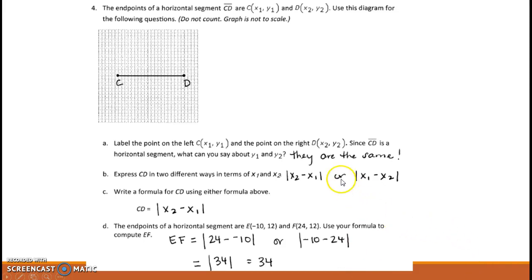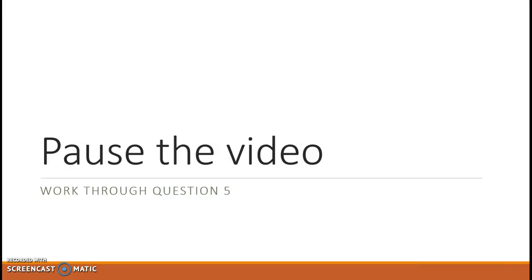And again, because we don't want that distance to be negative, we're going to use absolute value. And then in our example, we would be focusing on the x-coordinates, -10 and 24, to see that EF also has a length of 34 units. Pause the video and work through question 5.